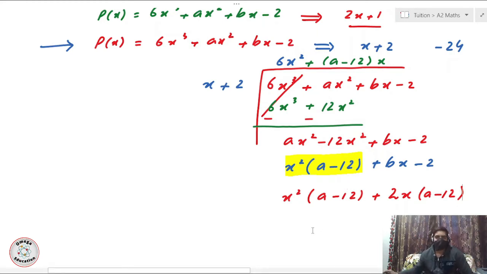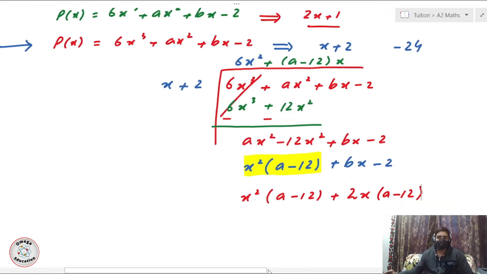And the extra terms, if you want to bring it down, you can, which is plus bx minus 2. Alright, now in the next step, change the signs of it.